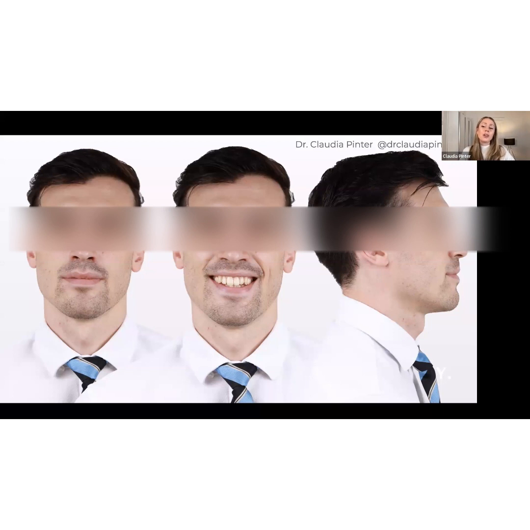So when we look at the gum display, he has more or less a posterior gummy smile, and the smile arc is reversed. So posterior teeth are hanging down, incisors are farther up, and the incisal embrasures are all over the place. They're very disharmonious, and there's a lot that we can do.